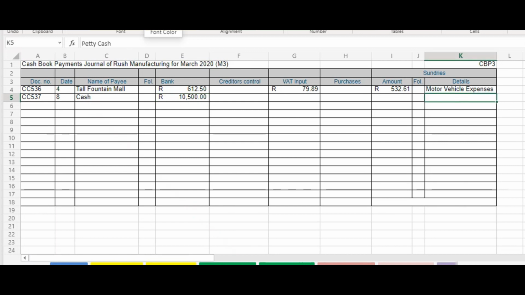Put it under sundries and details, and we can record the full amount there. And we are going to put nothing in the VAT column.